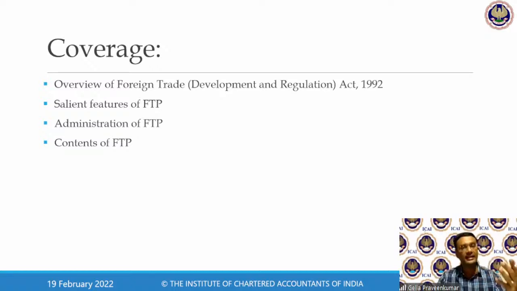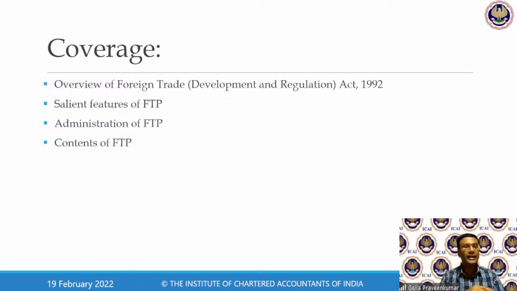So what can I see in this FTP, foreign trade policy? As I said, 5 years is the tenure with which this foreign trade policy generally comes into picture. For June 2022, you have this particular FTP, which is in vogue till 30th September 2021. All the provisions in your institute material are applicable for your June 2022 attempt.